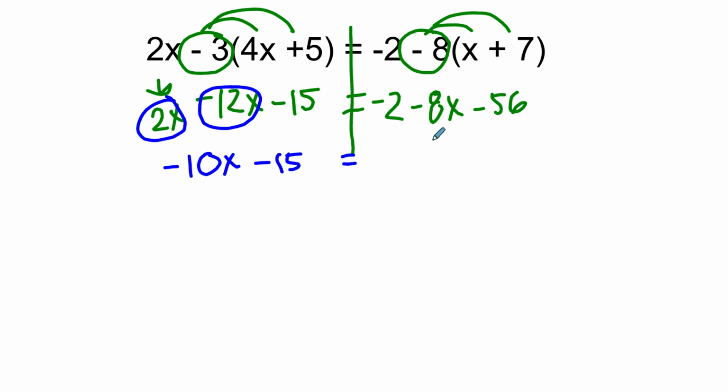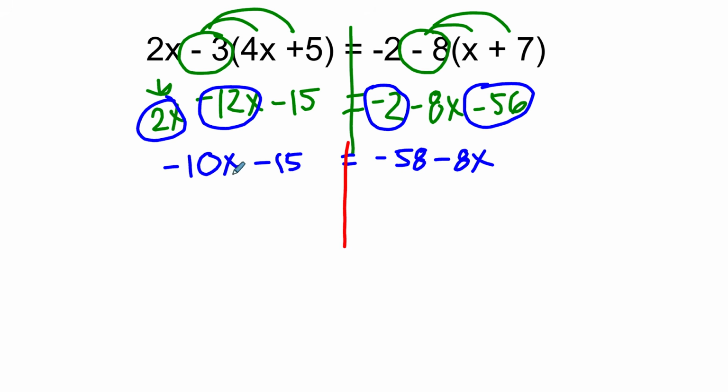the right side. Are there any like terms? Notice how it's not the x's, but we actually have like constants. Negative 2 minus 56 is negative 58 minus 8x. Now we check if there's any more simplifying. Do we have like terms on opposite sides?